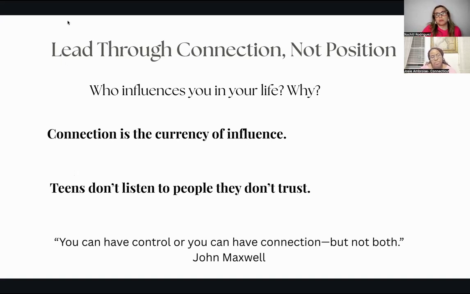Teens don't listen to people they don't trust. If you're not consistent with your behavior, your values, or yourself, if you say you're going to do something and then you don't do it, you're not building that trust. Just by experience, I'm not going to name anybody, but adults who tell you they're going to do something and don't do it: do you trust them?